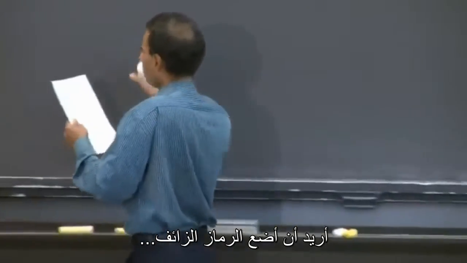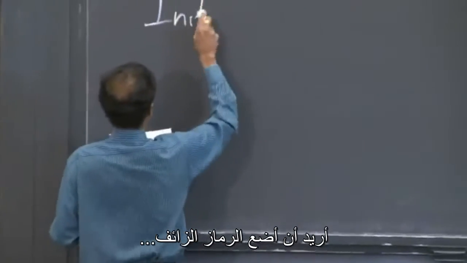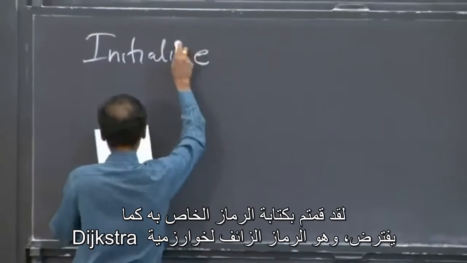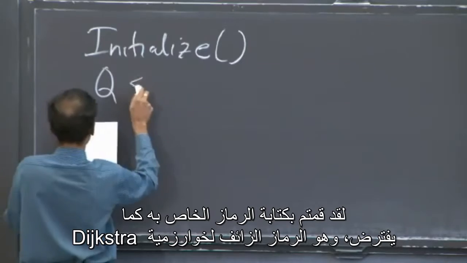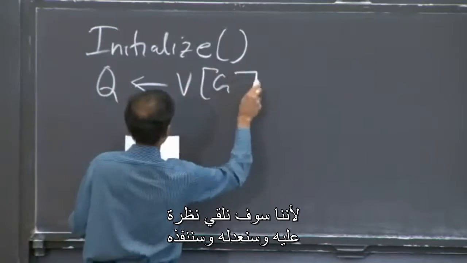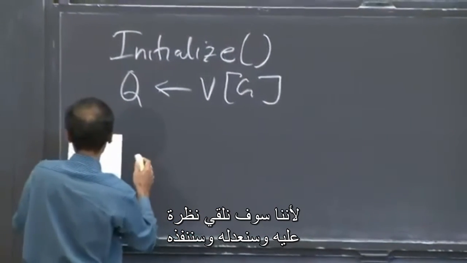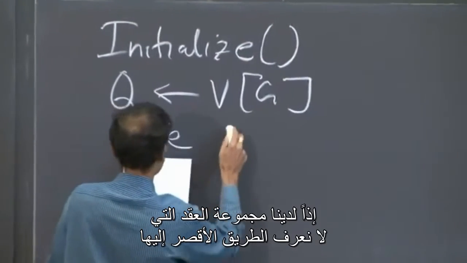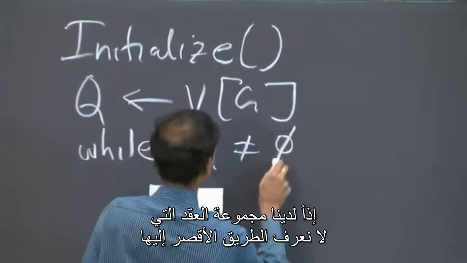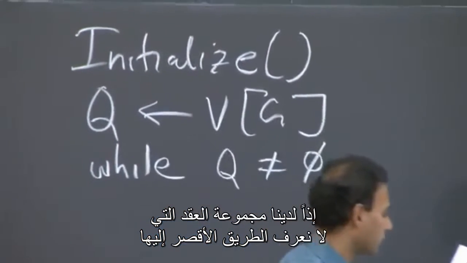So I want to put up pseudocode that you've written code for at this point, which is the Dijkstra pseudocode, because we'll take a look at it, modify it and execute it. So you have your set of vertices that you don't know the shortest paths to.